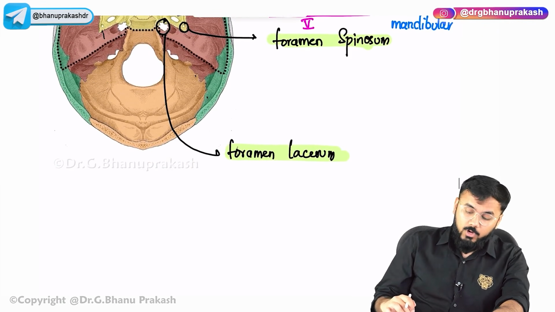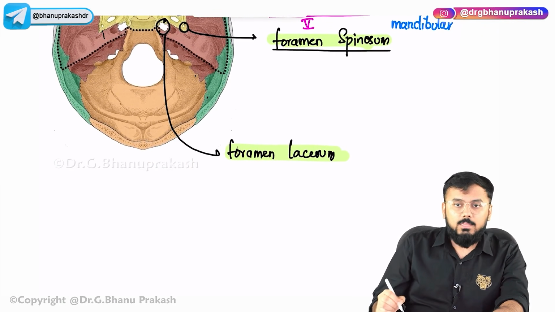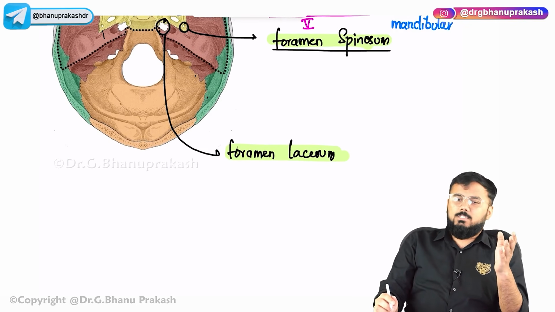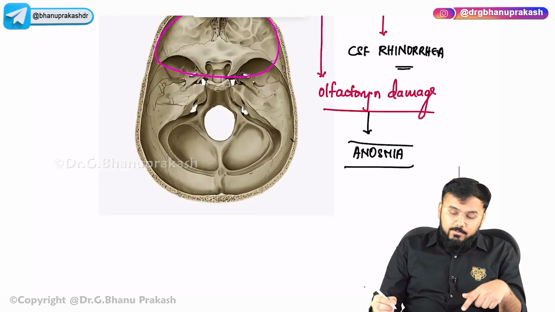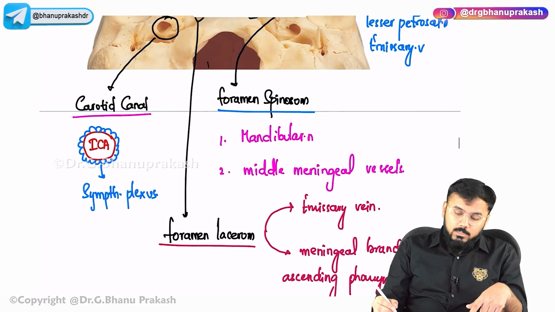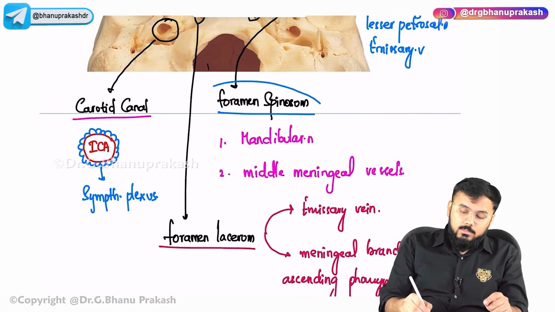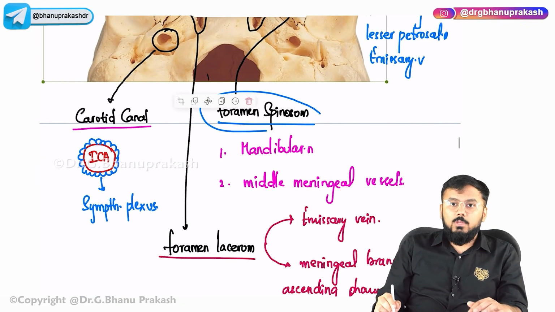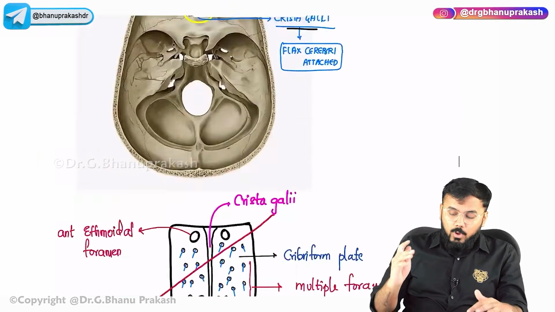Now when it comes to foramen spinosum, there are 3 important structures that pass through it. We have already discussed these structures, and I am going to add a few more.